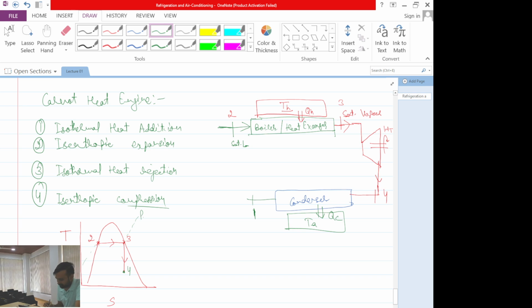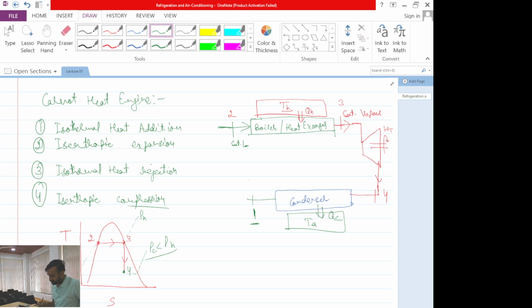So it will be some pressure PH, and I will have another constant pressure line PC, where PC is less than PH. Okay, so it means the pressure at the exit of the condenser is less in comparison to the pressure required at the entry point of the boiler. So what I need to do is increase the pressure.